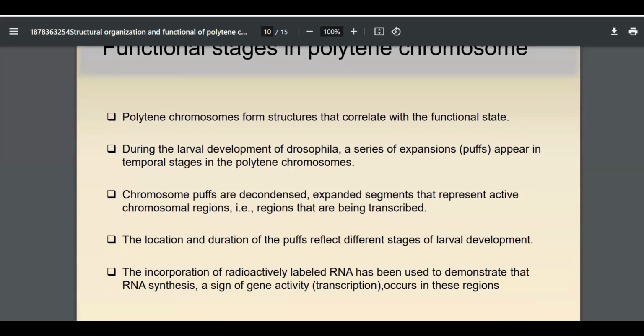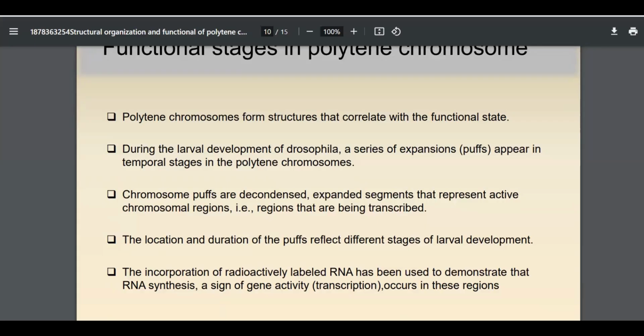So polytene chromosomes, as we have seen, are not going to remain silent forever, but depending upon the growth phase of that organism, specific regions of those genes are going to be activated. It's easily understood that interband regions are under expression, but what about tightly packaged gray and dark bands?